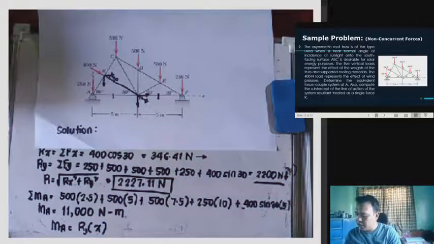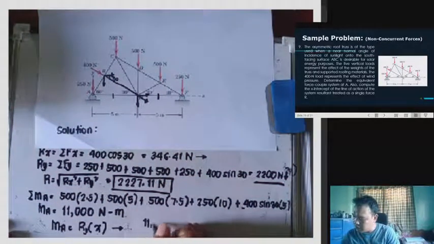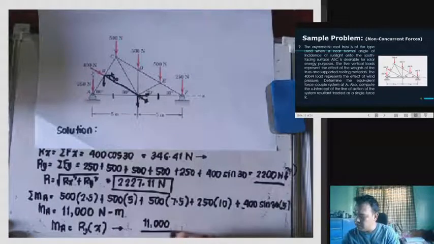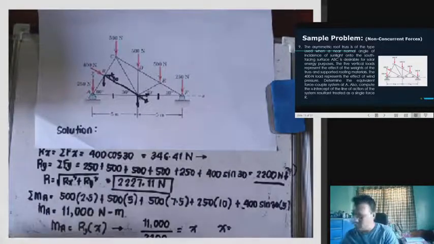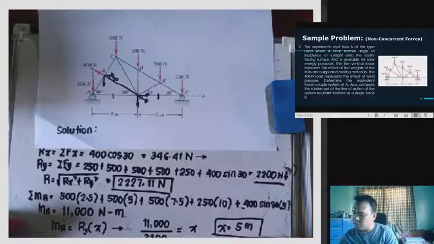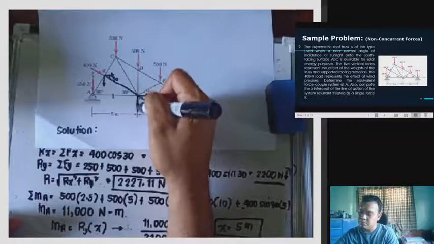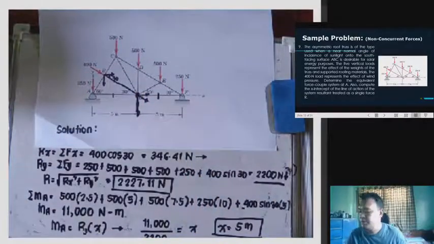So, we have here, this one will be 11,000 divided by 2,200 is equivalent to x. X is equivalent to 11,000 divided by 2,200. So we have here 5 meters. Ibig sabihin, yung resultant po natin is mag-a-act sa gitna. Tatama siya diyan sa point na yan.